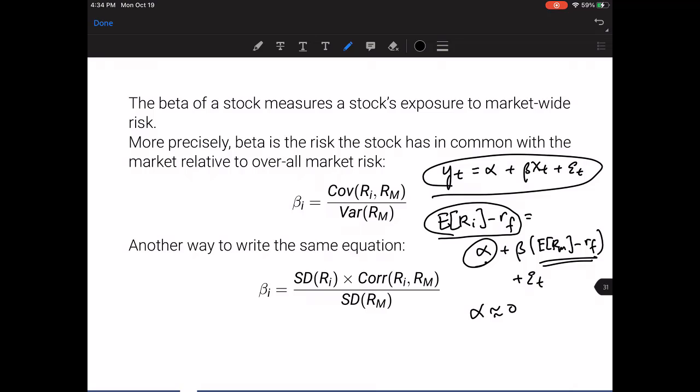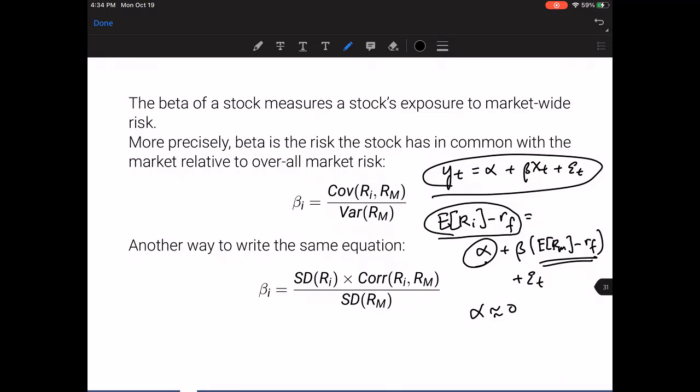That means your assumptions are most likely wrong, or there are some inefficiencies in the market that are not being accounted for. You may have to include additional factors, which is what a massive amount of literature has dedicated itself to: discovering these additional factors to eliminate or make alpha irrelevant.